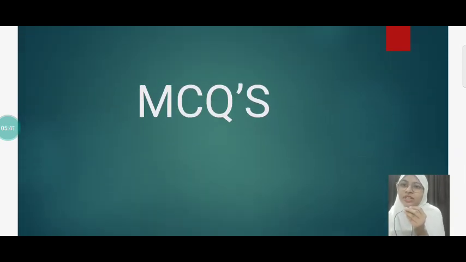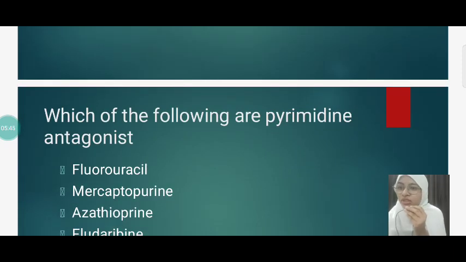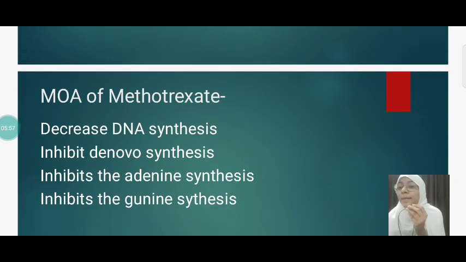Now let's start with MCQ. The first MCQ is, which of the following are the pyrimidine antagonists? Obviously fluorouracil is a pyrimidine antagonist. Next, mechanism of action of methotrexate.